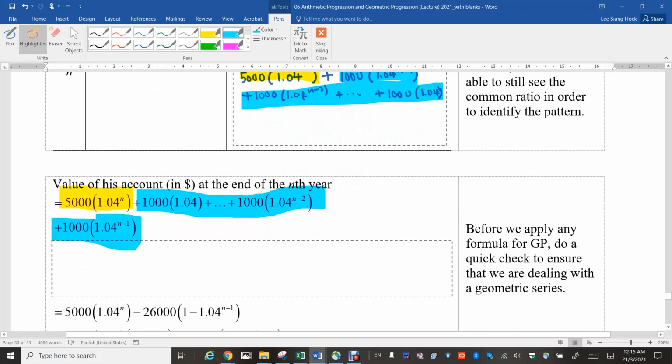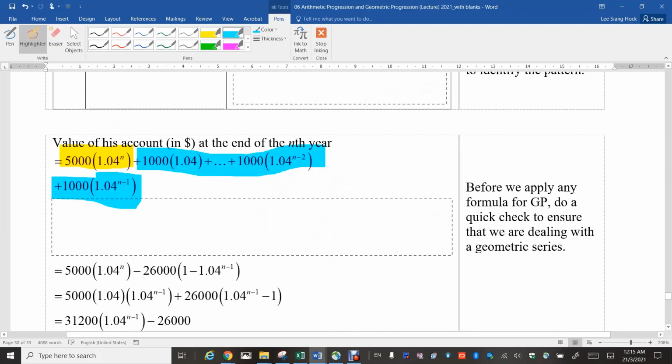Now we can simplify this. The yellow color part, there's nothing much we can do about it, so it is just equal to 5,000 multiplied by 1.04 to the power of n. But look at this blue color part now, it's actually a sum of a GP.